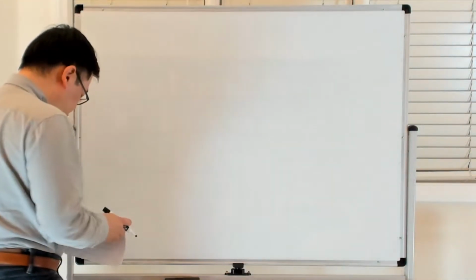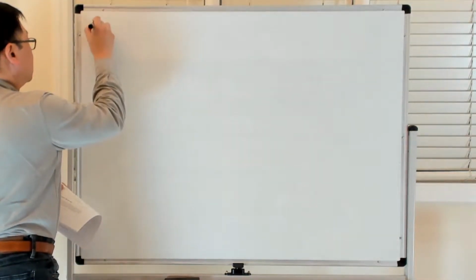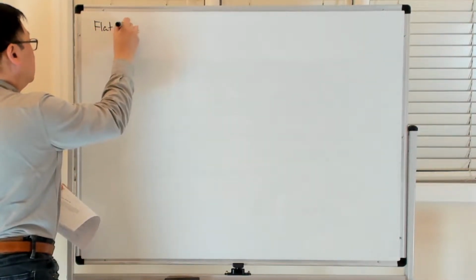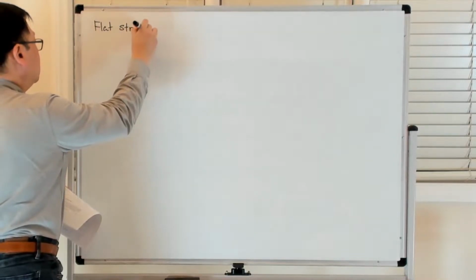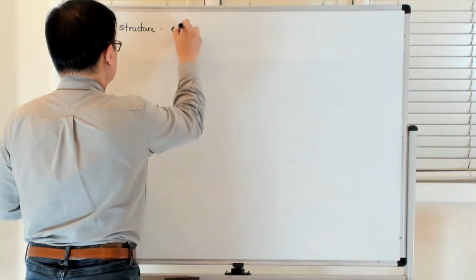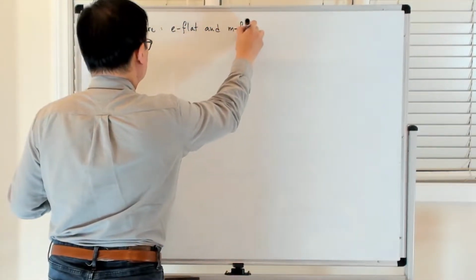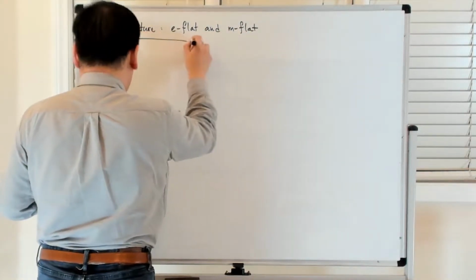All right, so now we're going to talk about the flat structure, what is called E flat and the M flat structure. So the idea is really quite simple.